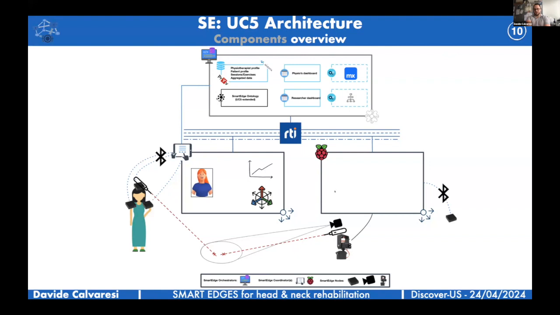And even here, this falls under the case mentioned before, where we can have sensors migrating from one area to the other of the same subsystem. Now, going higher on the abstraction level, we can find the orchestrator, which is the smart node that contains, for example, the patient data.